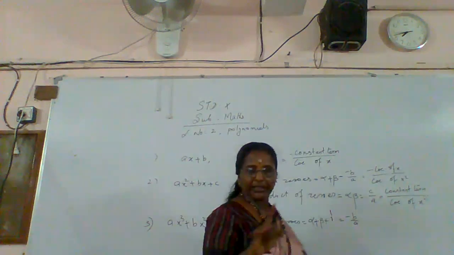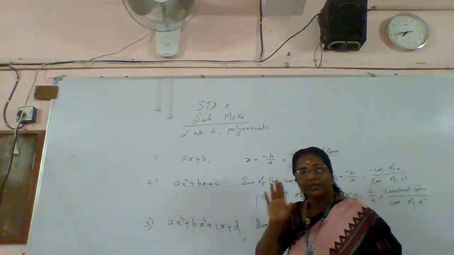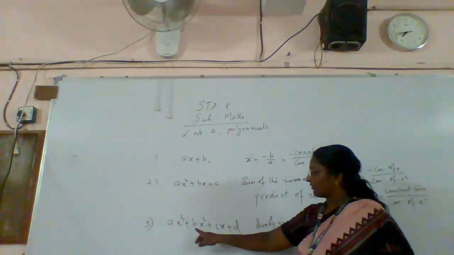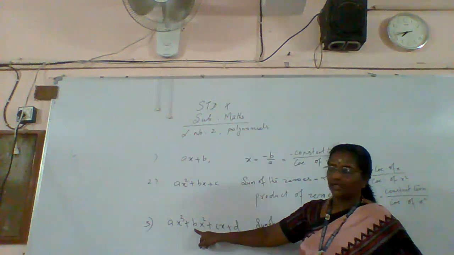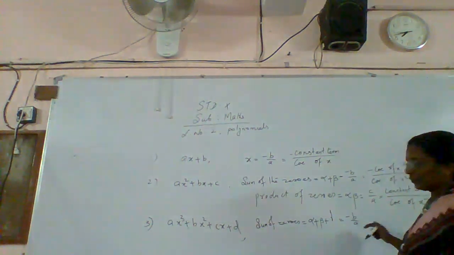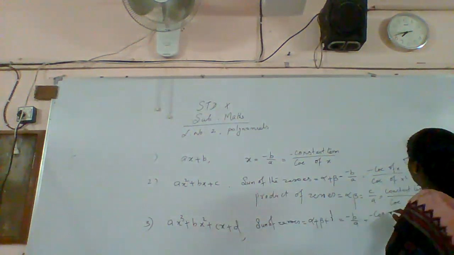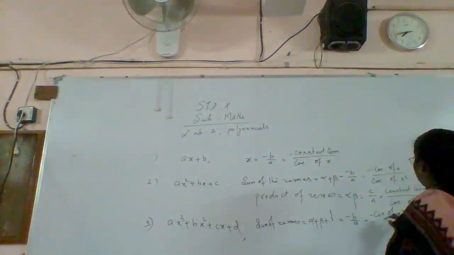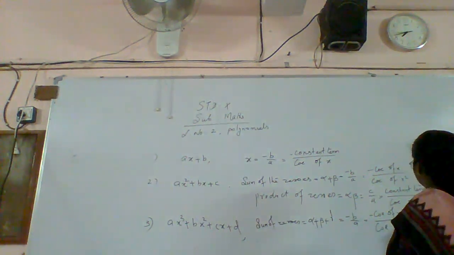I also gave the technique for writing it: the a always comes downside only, and then start with minus, then plus, then minus. So minus b by a, where b is the coefficient of x square: minus coefficient of x square divided by coefficient of x cube.